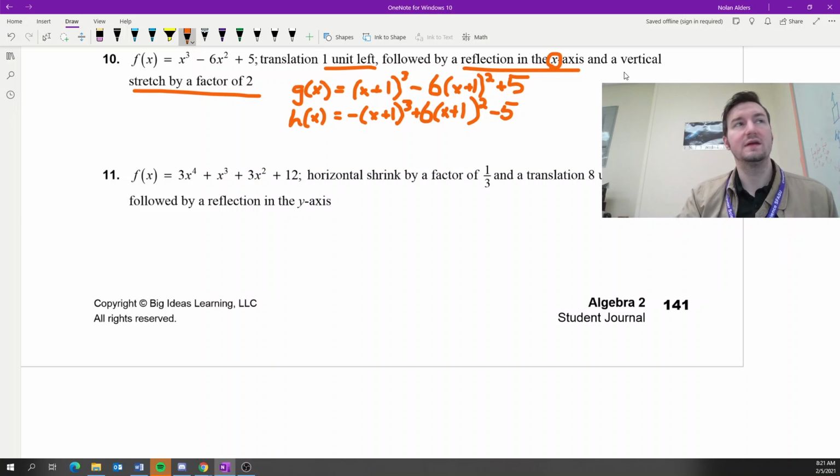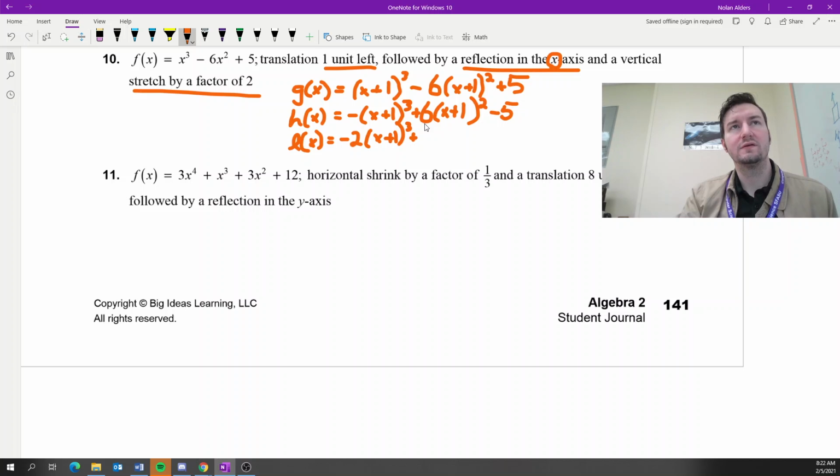All right, and then finally we have a stretch by a factor of 2, so that means we're going to multiply each term by 2. So let's do L of x is our final answer here. So we're going to have a negative 2 x plus 1 cubed.